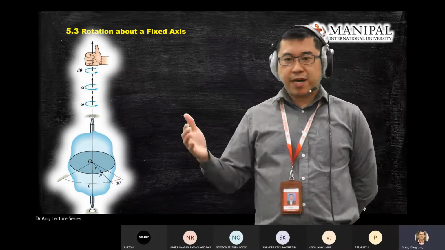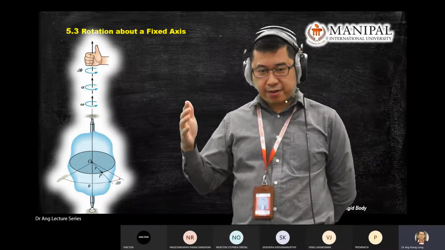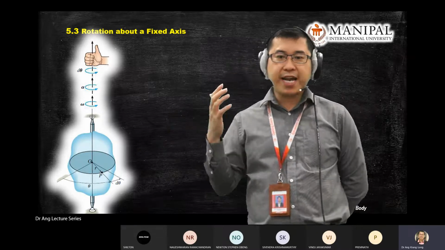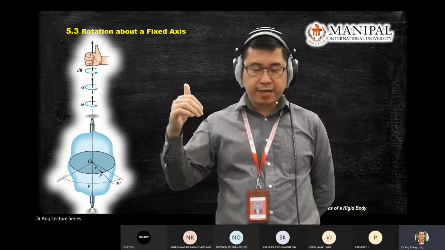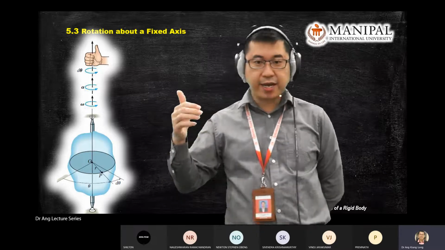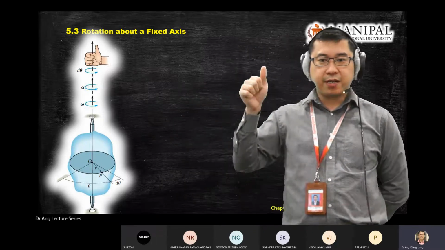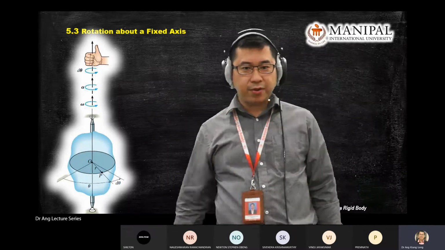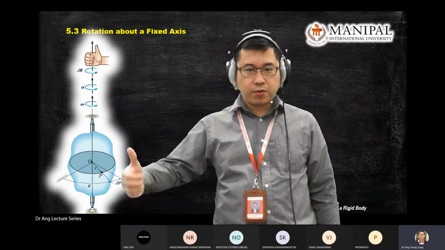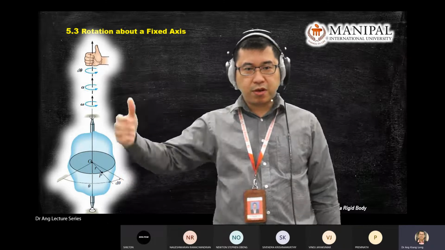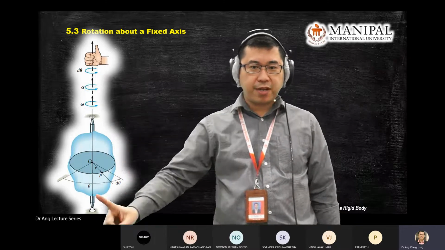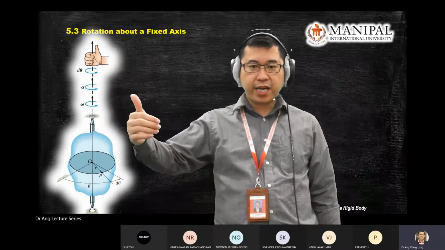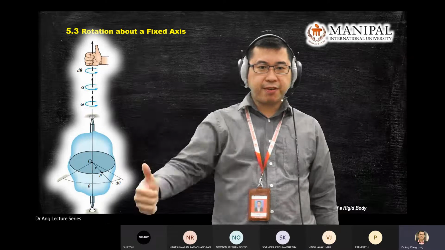Other than the rotation direction, this is the right hand rule. We call it the right hand rule. So your right hand will tell you something else. Beside the rotation direction, what about the thumb? The thumb will tell you the positive direction of the fixed axis. When you rotate anti-clockwise, the positive is going up.